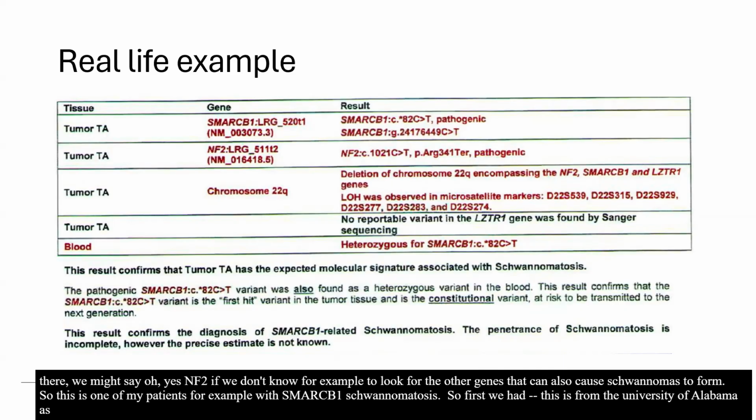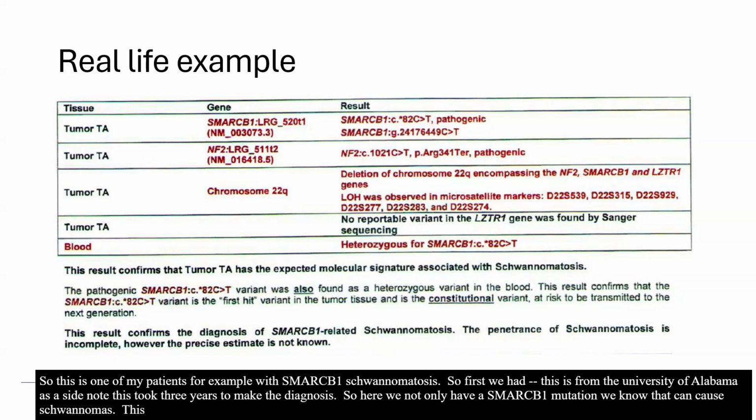And so here we have not only a SMARCB1 mutation, again a gene that we know can cause schwannomas, but this patient had two different SMARCB1 mutations present in the tumor. And then, as I mentioned on the prior slide, you have an NF2 mutation present as well.